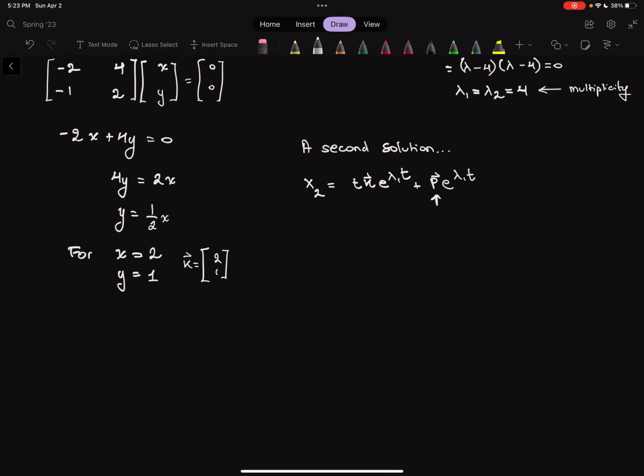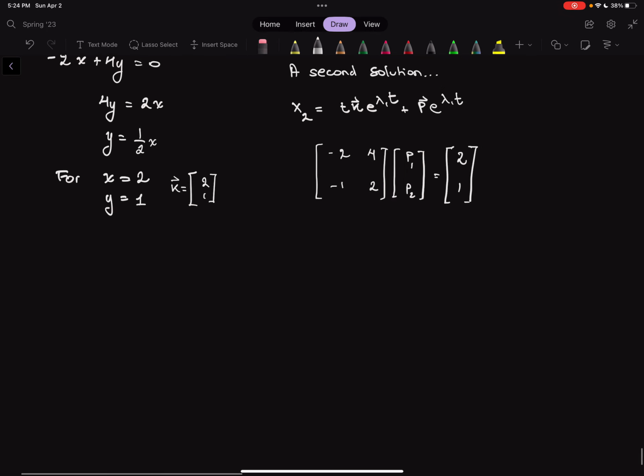Well, it turns out that we can find p if we basically take this equation, and now instead of 0, 0, we put 2 and 1, which is our k vector, with this being our P1 and P2 values.